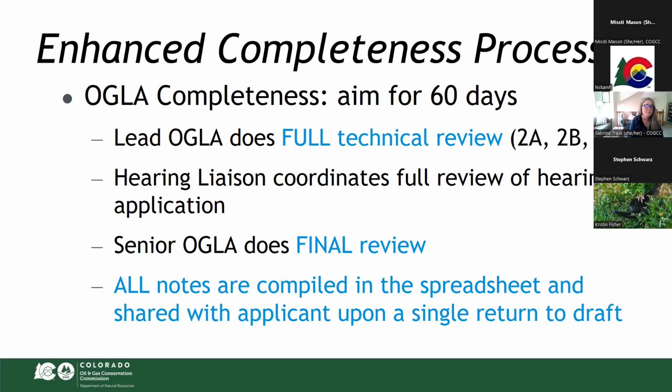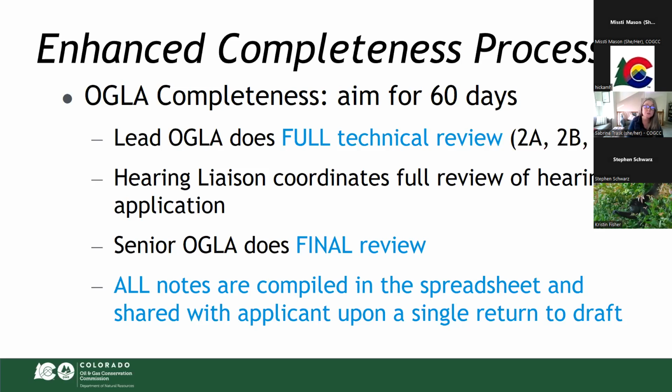So I hope all of you are familiar now with the completeness spreadsheets, where the lead OGLA writes out all the notes. In the spreadsheet, there's a different tab for each plan and for each attachment on the Form 2A. We've taken that spreadsheet and we've bulked it up to include not just the completeness issues identified, but all of the issues, deficiencies, questions, and concerns identified in the full technical review and in the final review.